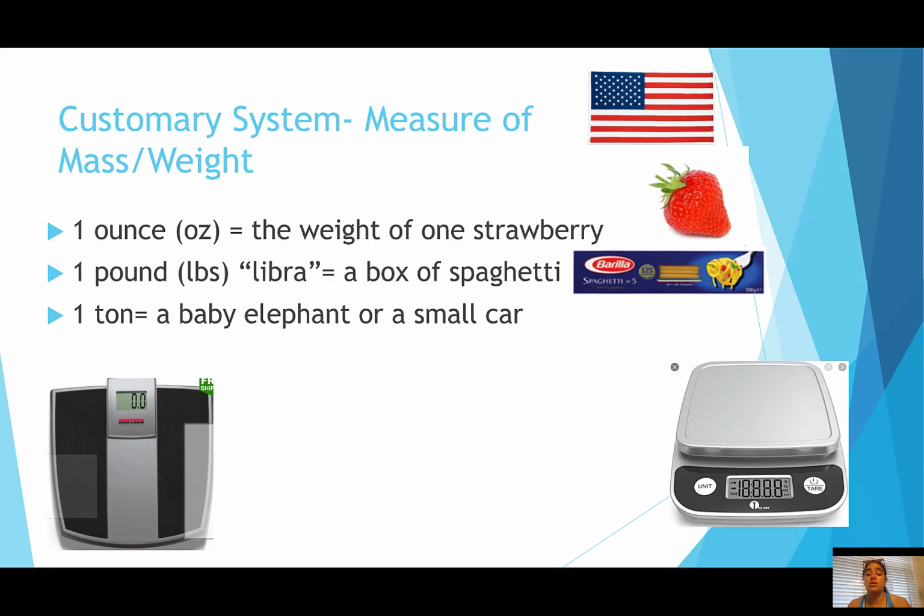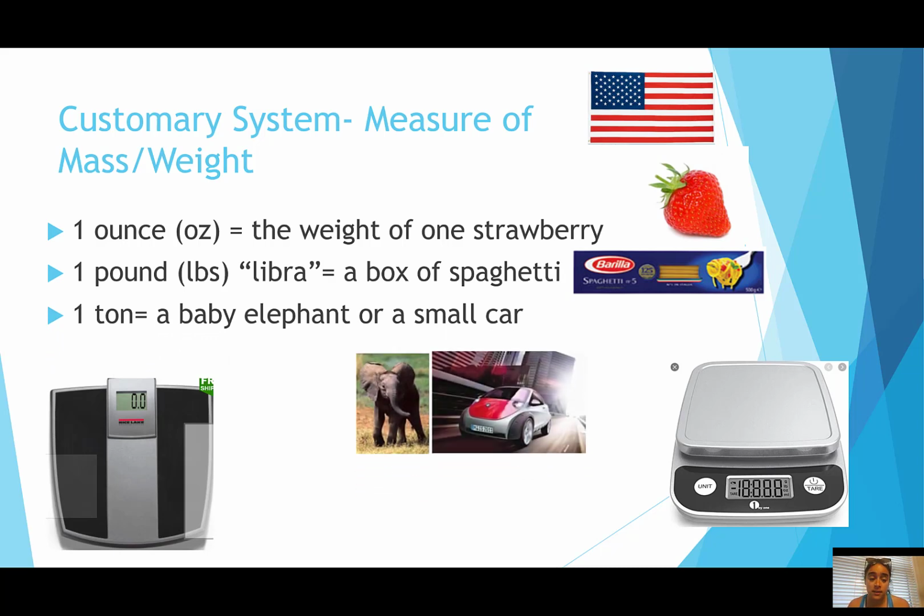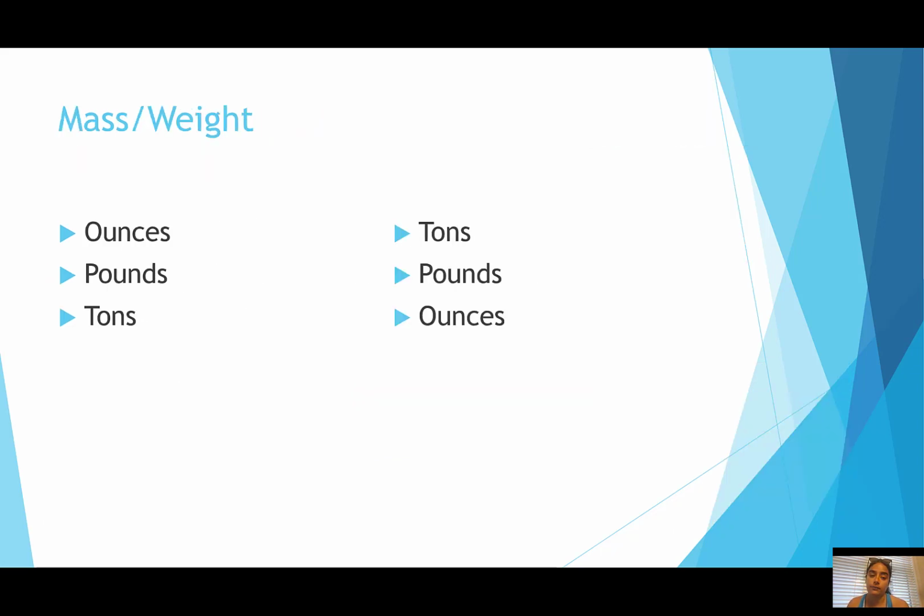1 ton, which is used for really, really heavy things, is like the weight of a baby elephant or a small car.